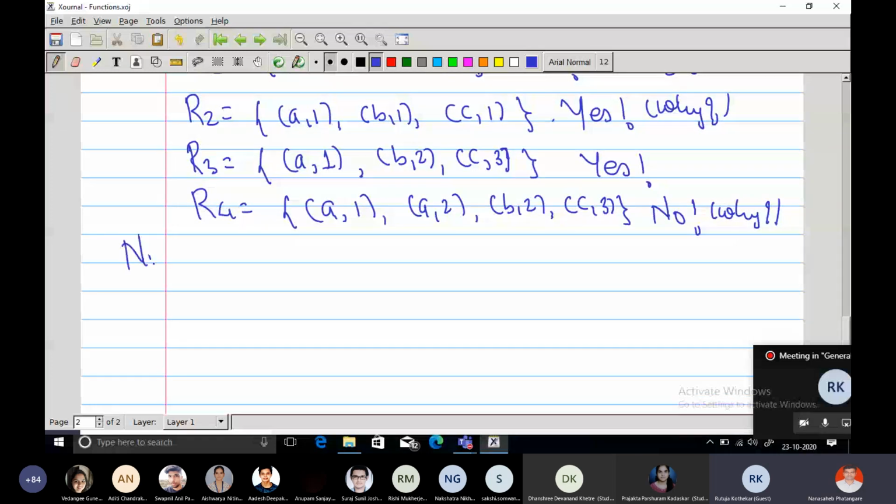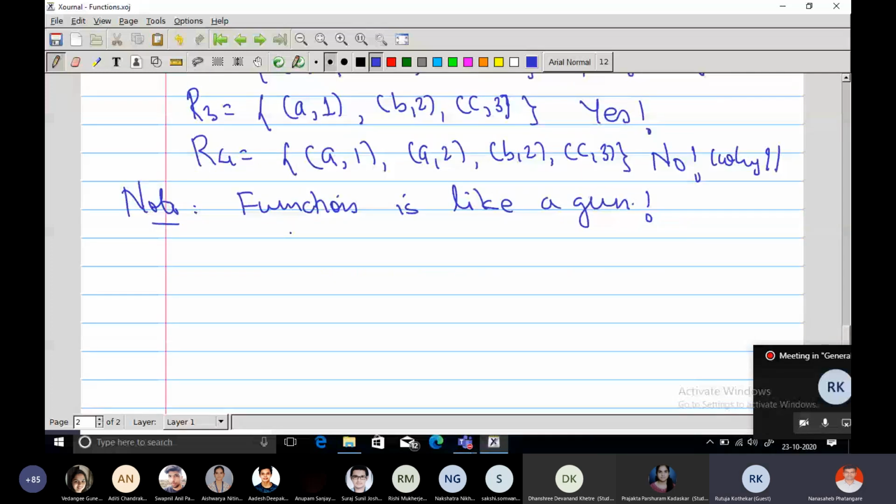So note that a function is like a gun. Remember this. Function is like a gun. What happens with a gun? Suppose you have a gun, a single gun has many bullets, right?